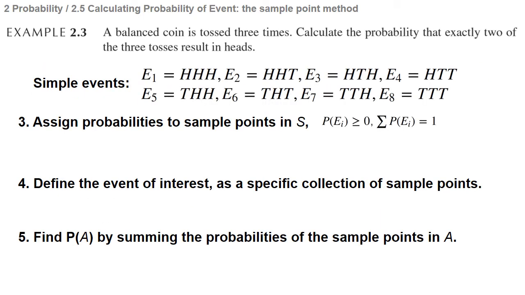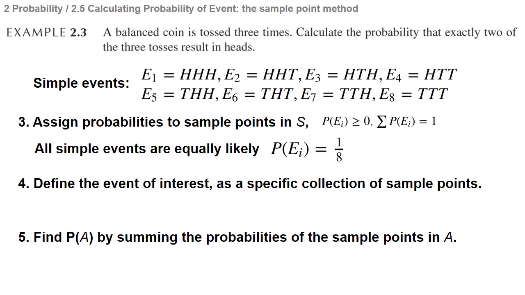In step 3, we want to assign probabilities to sample points in S, so that the probability of each simple event is greater than or equal to 0, and summing up all the probabilities is equal to 1. To do that, actually here, all the events are equally likely.